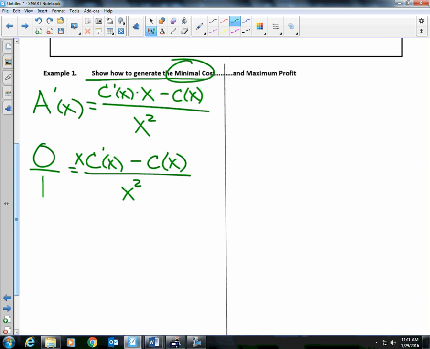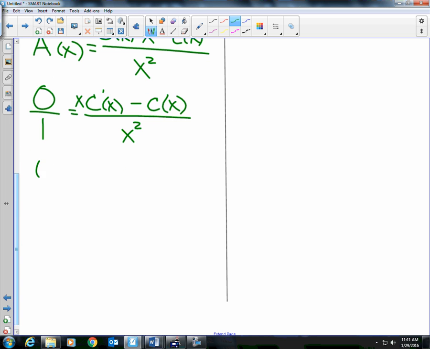I could cross multiply, or I could just say if the top is equal to 0, then the whole thing is equal to 0. Either way is fine. I'll cross multiply and get 0 equals x times C prime of x minus C of x.